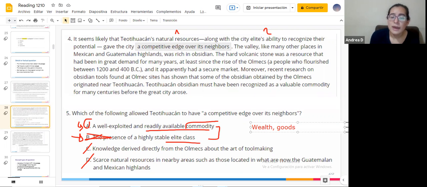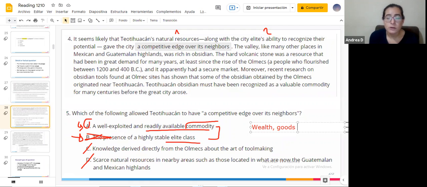Okay, so a readily available commodity just means natural resources, okay? Because readily available means that it was already there for you to use, or for Teotihuacan to use, from the moment the city was established. So it was readily available, it was natural, they didn't create it, they didn't produce it, it was something that came with their land, I guess.